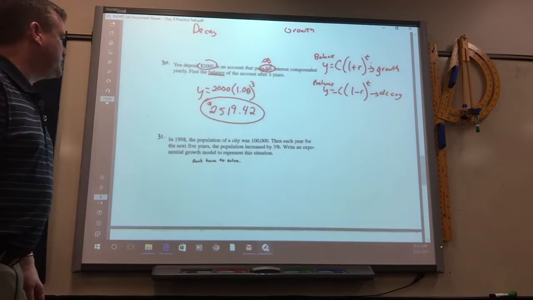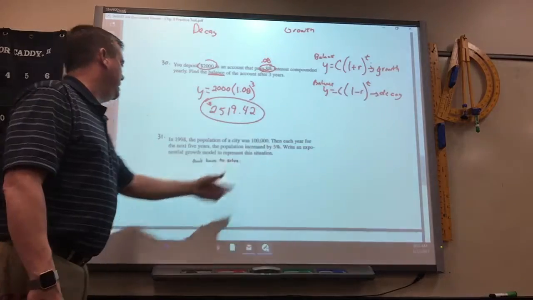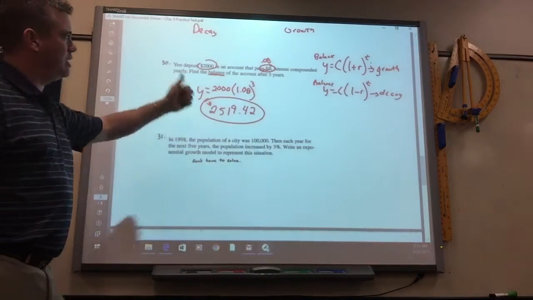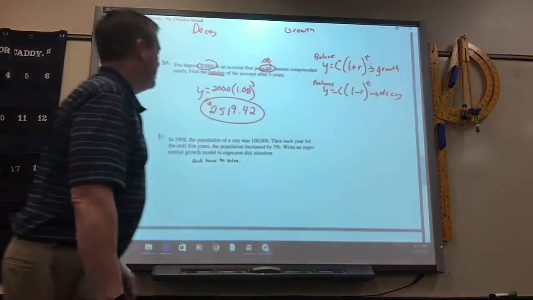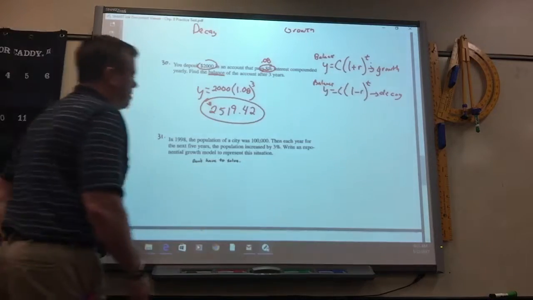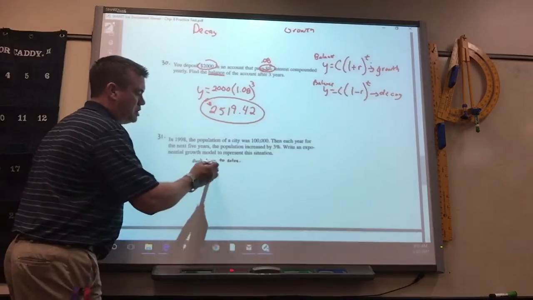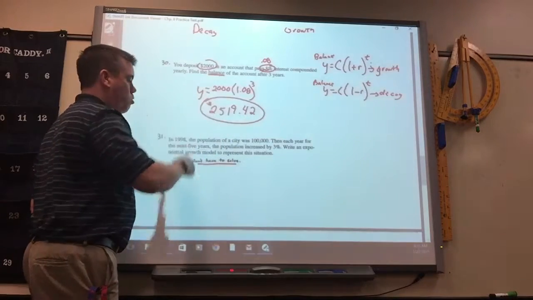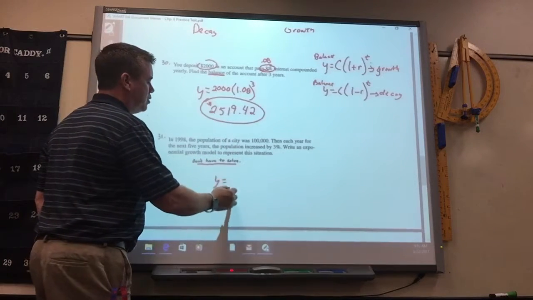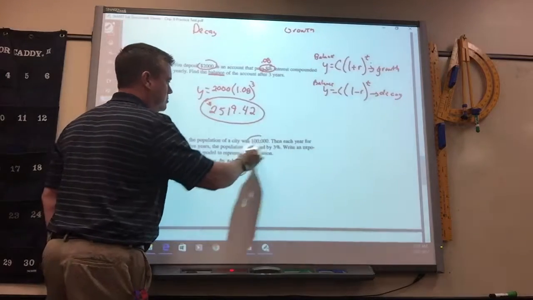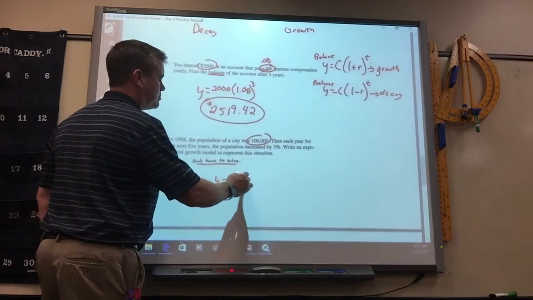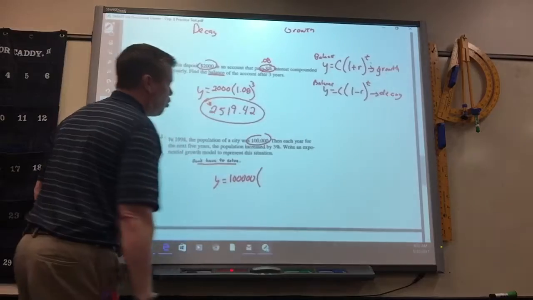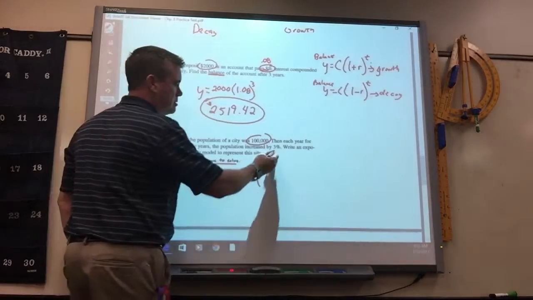Okay, the population was 100,000, and each year for the next 5 years it increased, so it's a growth. Write an exponential growth model. And I wrote on here, you don't have to solve it. You just need to write the equation like we did here. So it's Y equals the initial amount times 1 plus the rate.